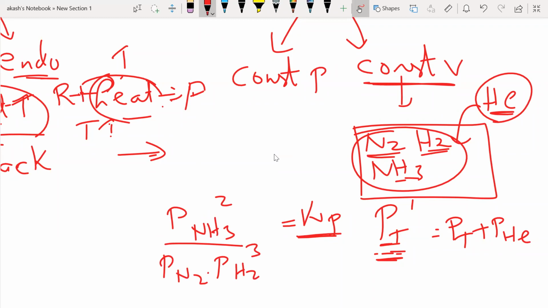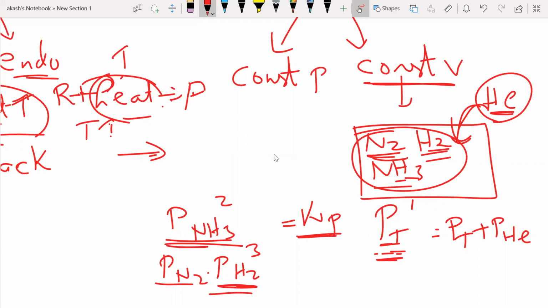So tell me, will there be any change in the partial pressures of all these three components because of adding this? That's my question.